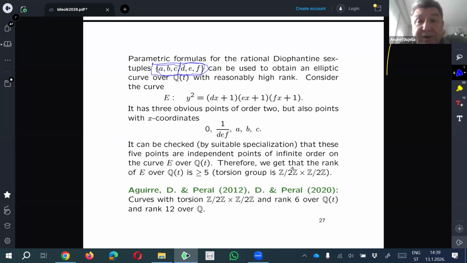If we look at the last 3 elements, then we consider this elliptic curve. We know from before that we have points which correspond to point P and to point S. So these 2 points are always present, and we may expect that they are of infinite order and independent. There is no obvious reason why this should not hold, so we may expect that this is true.